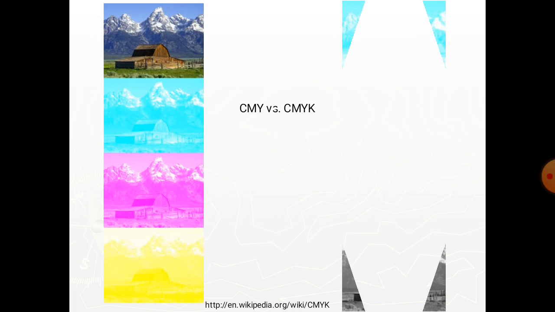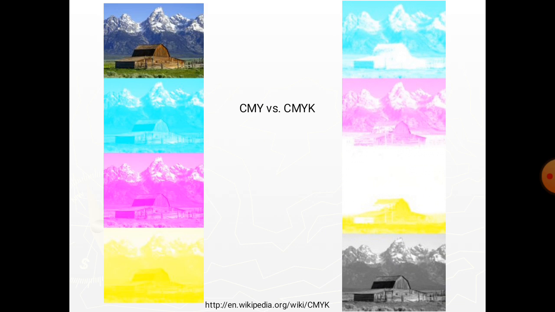Equal amounts of the pigment primaries cyan, magenta and yellow should produce black. Combining these colors for printing produces a muddy-looking black.